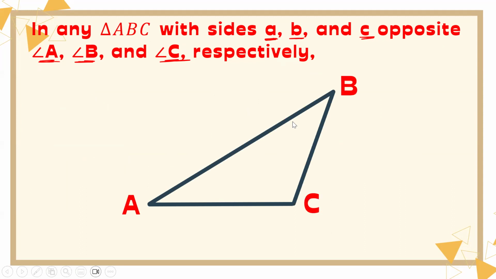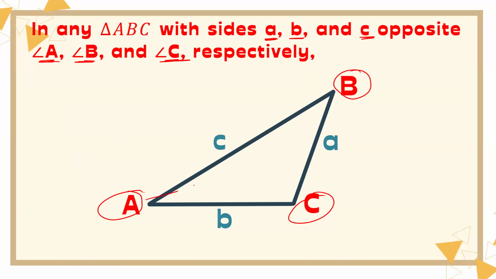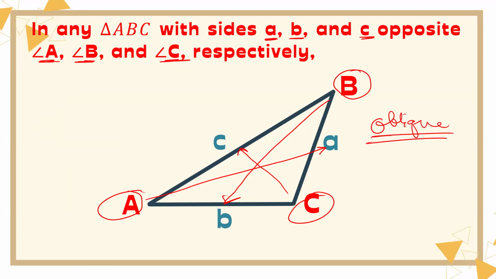And if we illustrate our triangle, the corners, the vertices of the triangle, represent the angles of the triangle, whereas the opposite side of vertex A is side a, vertex B is side b, and vertex C is side c, right? And as you notice, there's no right angle within this particular triangle. So we call this an oblique triangle, okay?